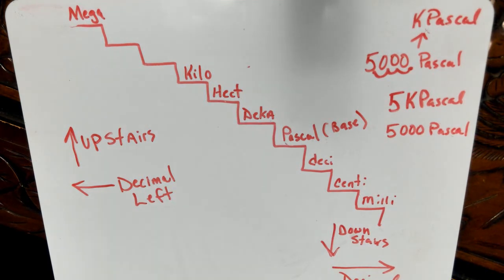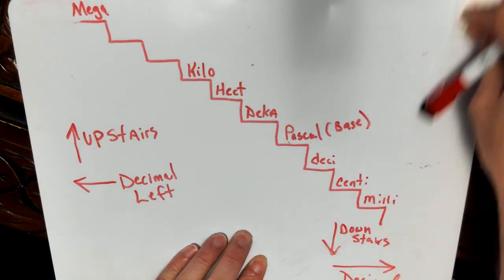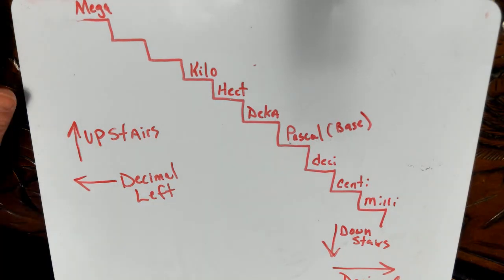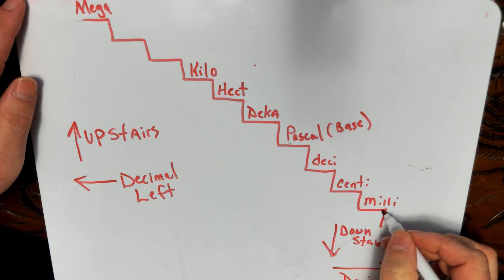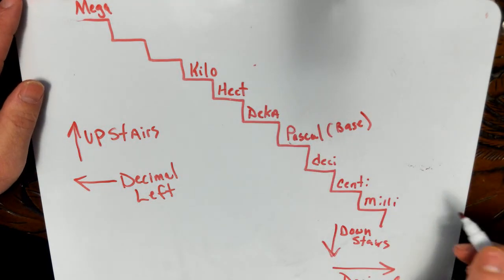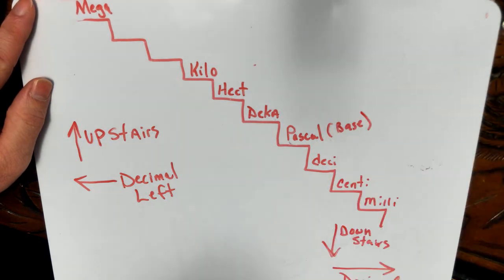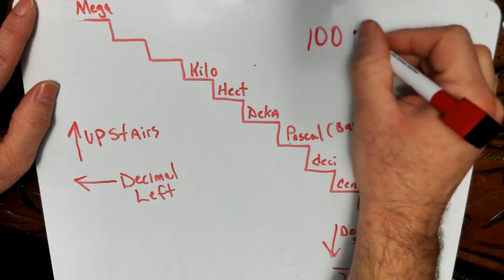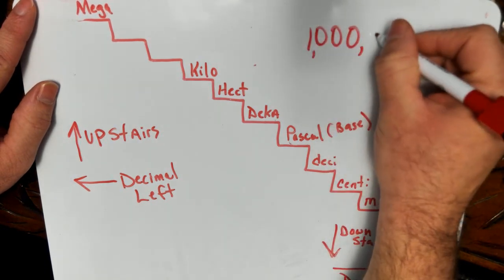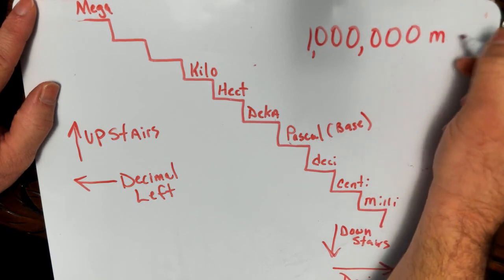It just simplifies it a little bit. So now we'll do a couple more examples to help you with this. Let's say, for instance, I'm coming all the way from milli up to kilo. So this time we have 1,000,000 millipascals.